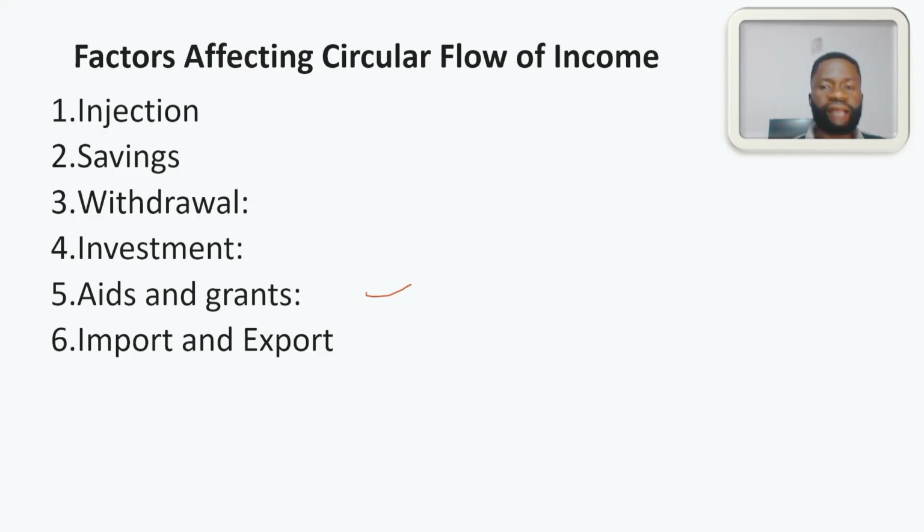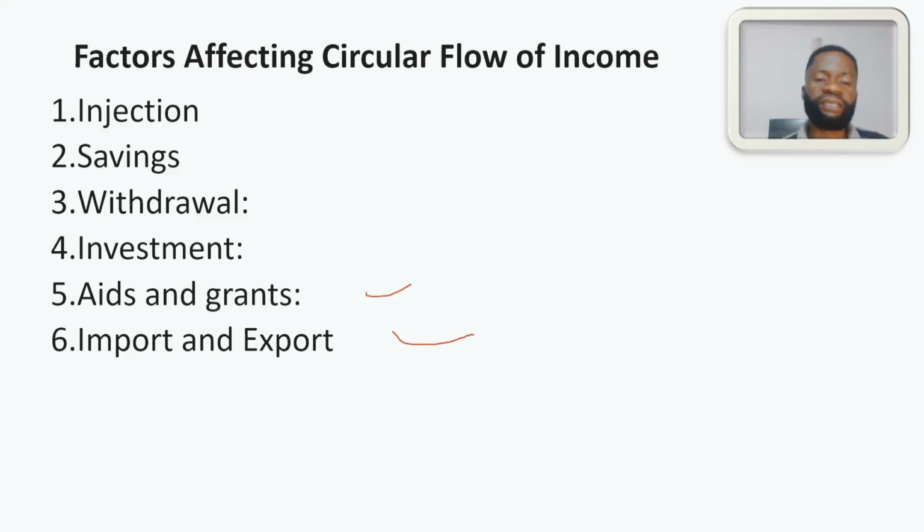And lastly, the last factor that affects the circular flow of income is imports and exports. Import is money spent on foreign goods. When money is spent on foreign goods, it means that the money is leaving one economy for another. So that is withdrawal, because the money is leaving an economy.